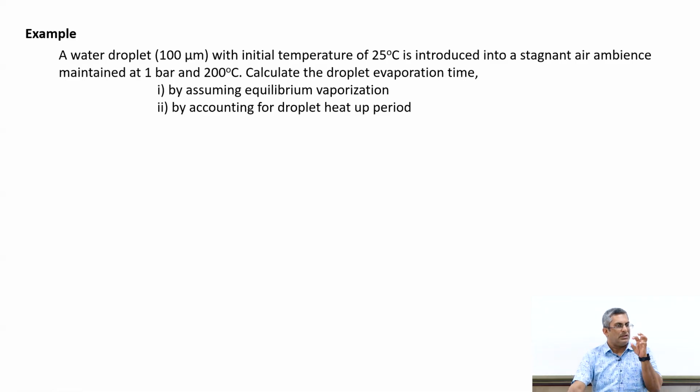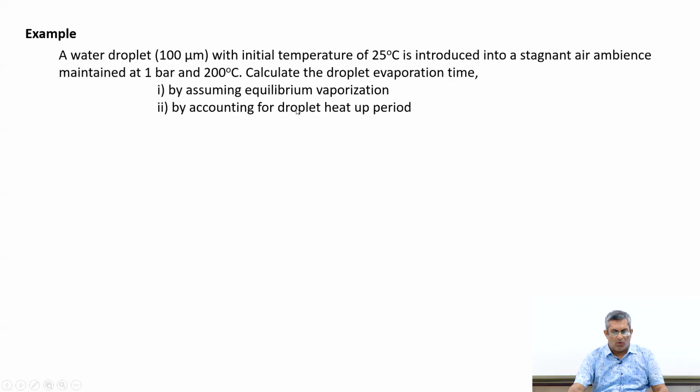So, the droplet with initial temperature equal to 25 degree is suddenly exposed to an ambient which is at a temperature much higher than the boiling point of the droplet.